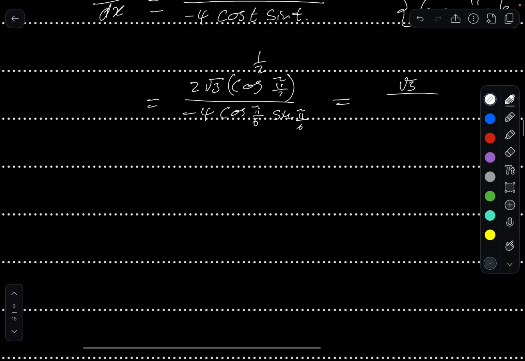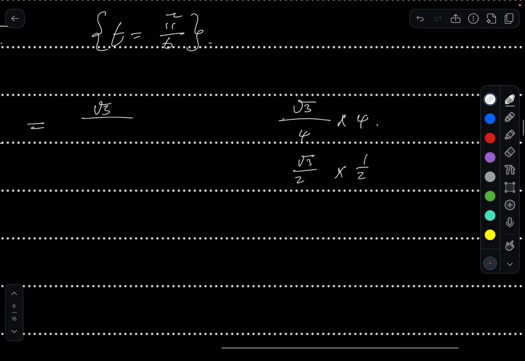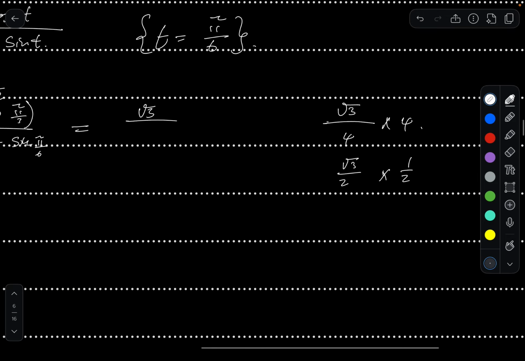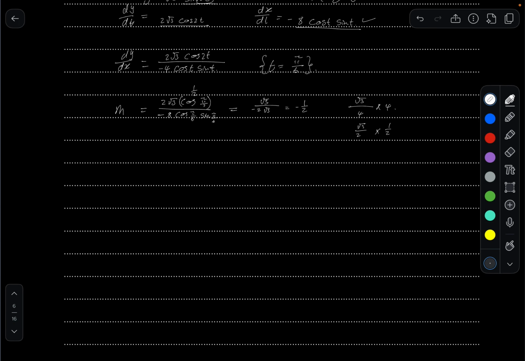So this becomes not 4 but 8. Okay. Now this becomes right. So I'm going to get 2 square root of 3, and then this part which is negative, and then I'm going to get a half as the final answer. And then this is m1, by the way.